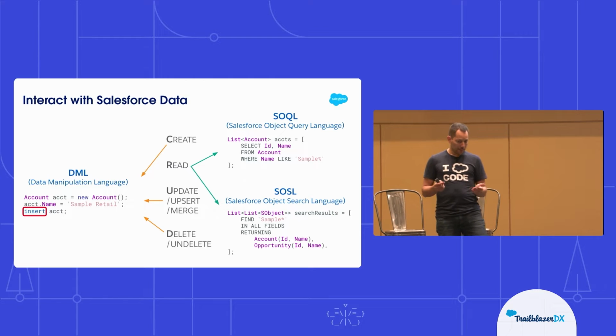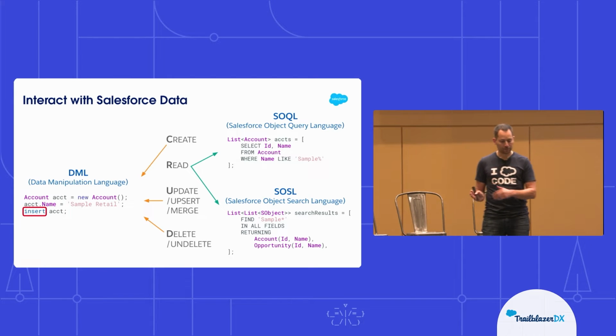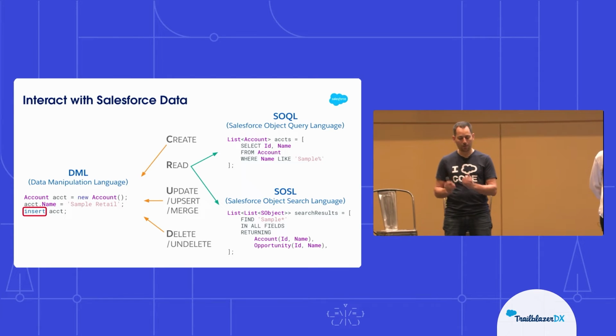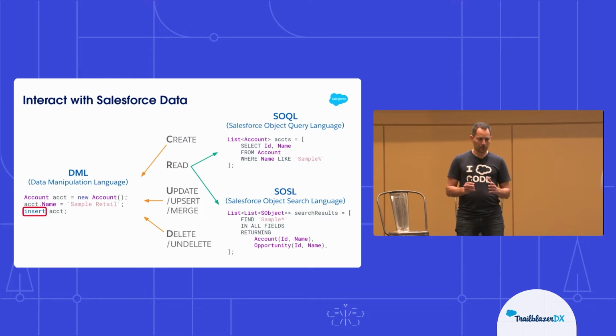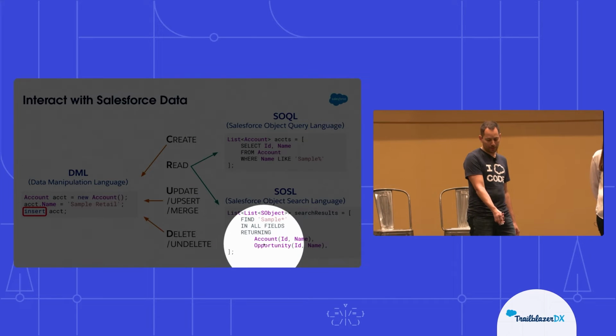We have another type of language that we can use to retrieve data, which is called SOSL, and it's actually using another technology behind the scenes. SOSL stands for Salesforce Object Search Language. SOSL allows you, unlike SOQL, to mix objects in a return statement. And you can see here in my query that I'm actually returning a mix of accounts and opportunities in this case.